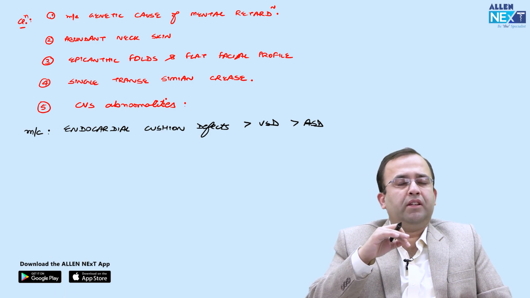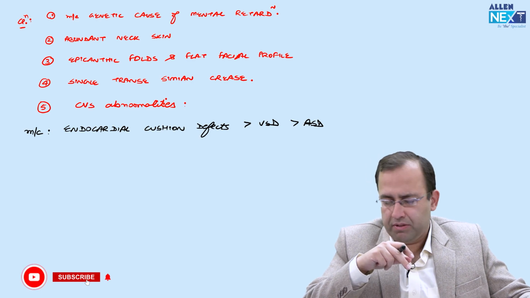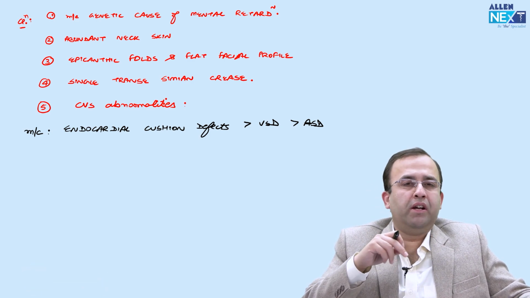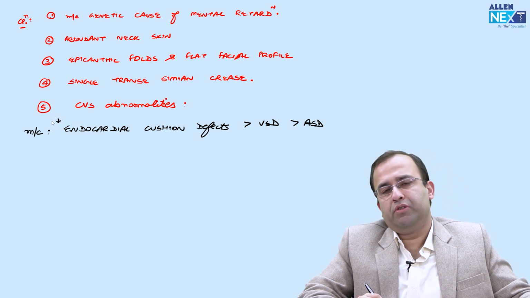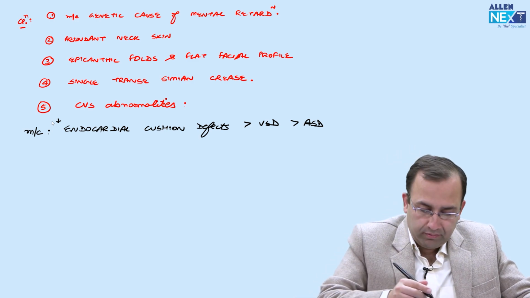A common mistake that we as students make is we think that the most common is VSD. No. The most common CVS abnormality in Downs is endocardial cushion defects, followed by VSD, followed by ASD.